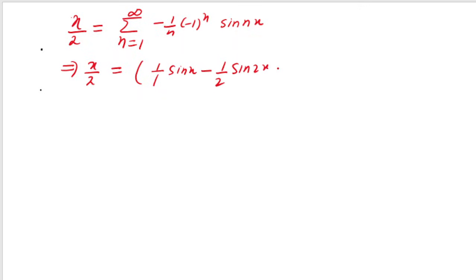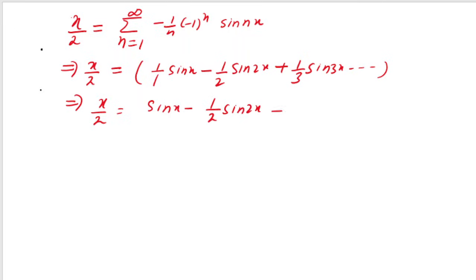If you take n is equal to 3, minus minus plus 1 by 3 sine 3x, and so on. So we have got the final answer, that is x by 2 is equal to sine x minus 1 by 2 sine 2x plus 1 by 3 sine 3x, and so on.